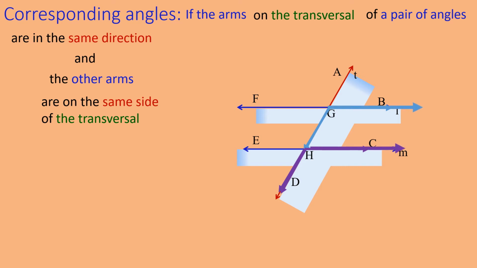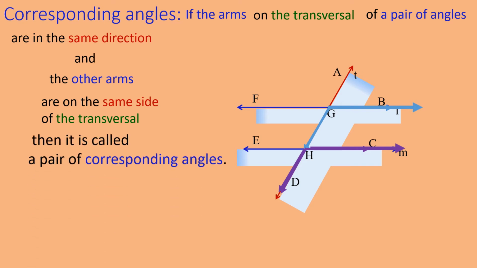See here, they are on the right side. Therefore, such angles are called corresponding angles. So, we get angle BGH and angle CHD are corresponding angles.